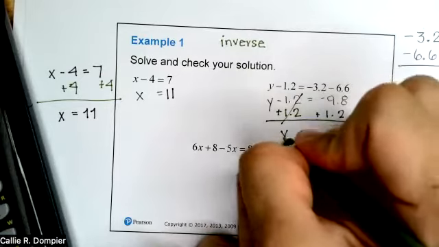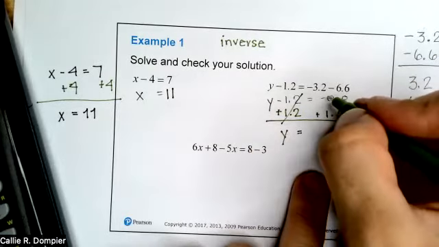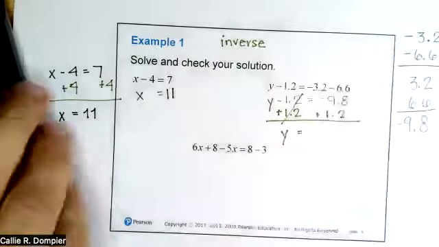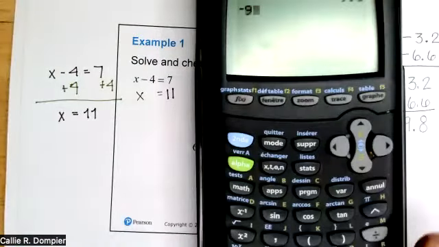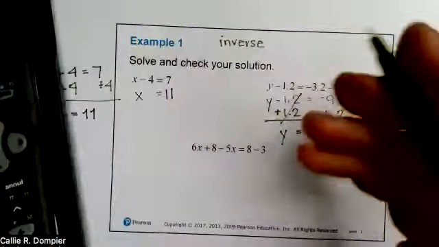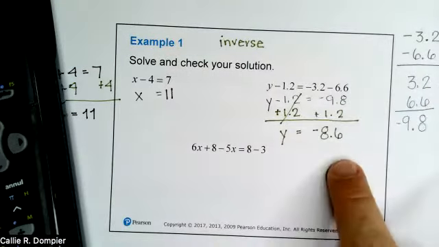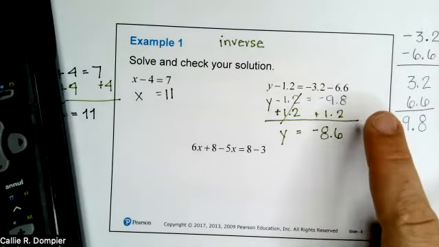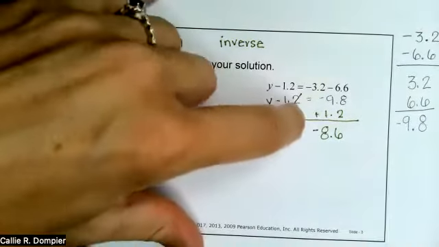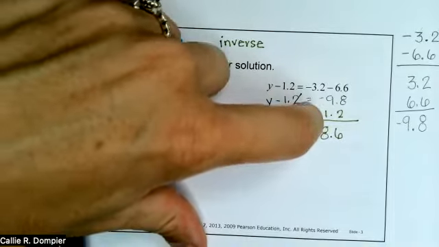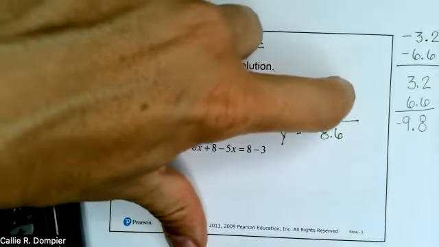So now I just have y on this side. Negative 9.8 plus 1.2 is negative 8.6. If you were going to do that by hand, you can't subtract 1.2 from 9.8. So yeah, you can just do it like that.